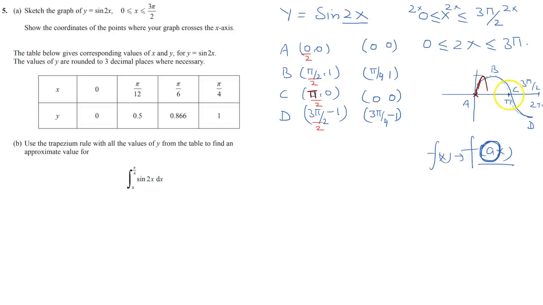Pi and 0. Y is 0. So this will be pi over 2. Then minus 3 pi over 4. So this will be the graph.